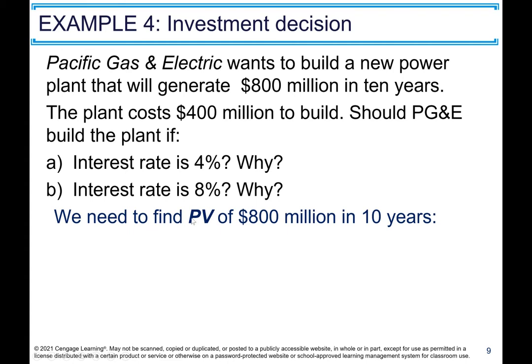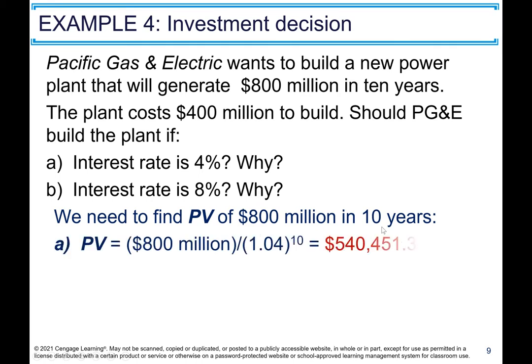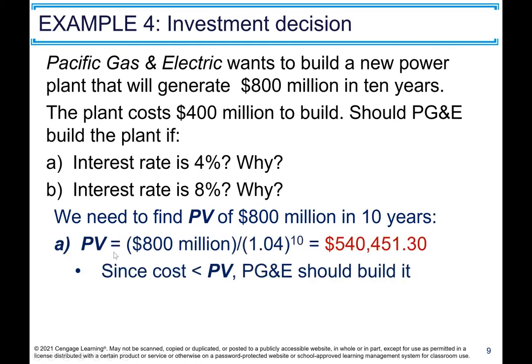We need to find the present value of 800 million in 10 years. Case A: present value equals 800 million divided by 1.04 raised to power 10, which is $540,451.30. Since cost is less than present value, PG&E should build it.